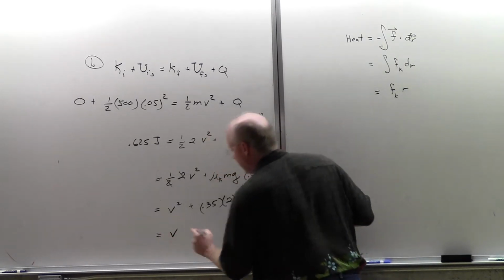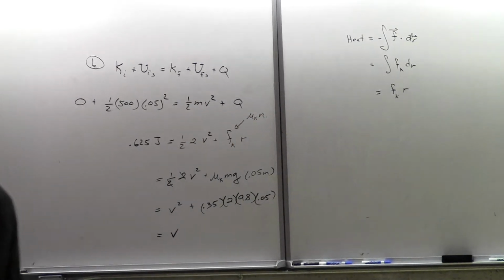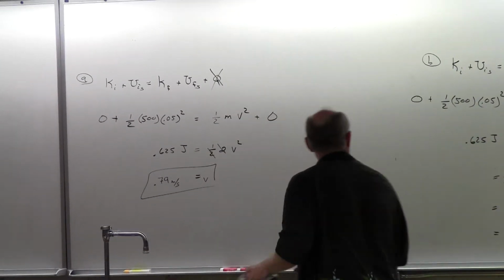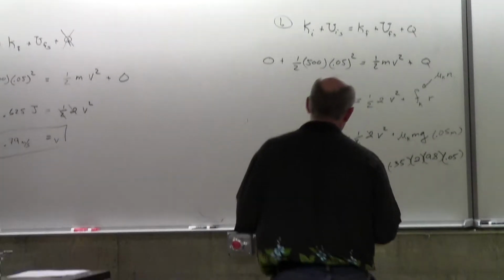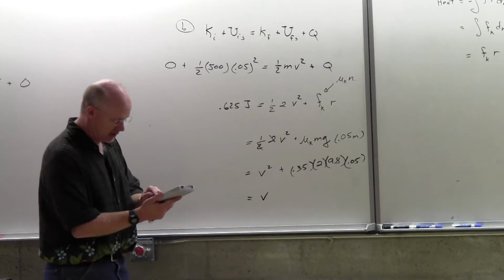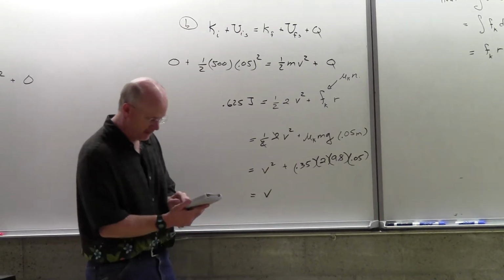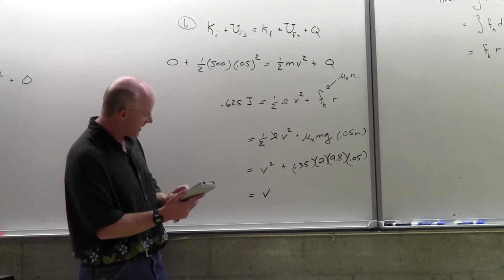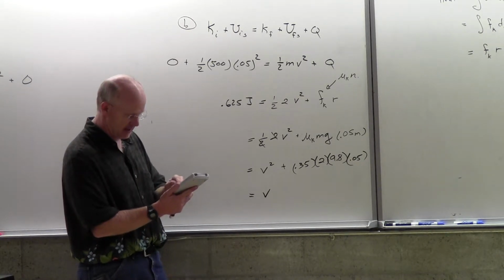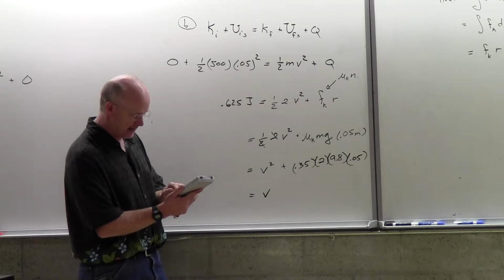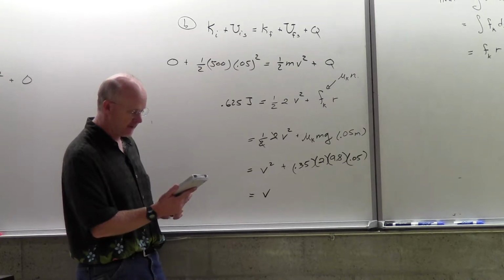And so, other than a little bit of algebra to do, we have that velocity. So I'll go 0.625, subtract off 0.35 times 2 times 9.8 times 0.05.